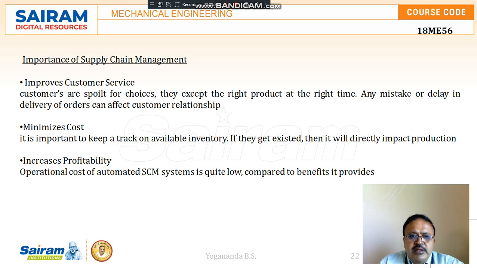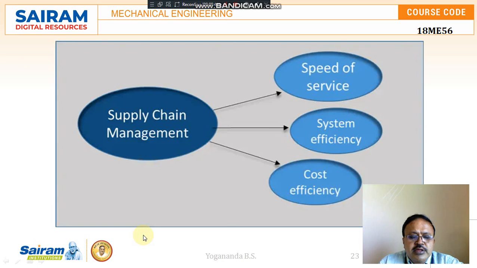Supply chain management increases the profitability. The operational cost of supply chain management is quite low compared to the benefits we get out of it. With supply chain management, speed of service, system efficiency, and cost efficiency can be achieved.